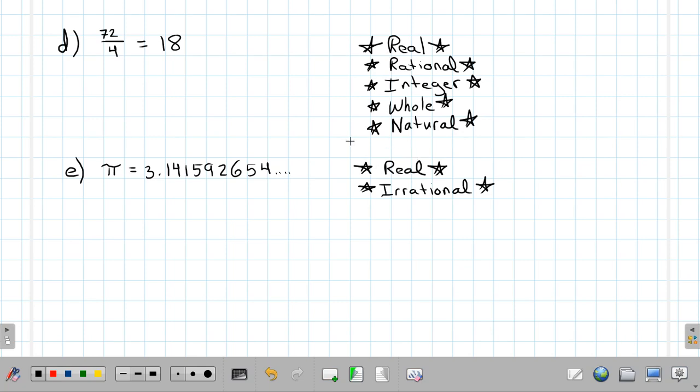Okay? Now, this is the extra example I'm going to talk about. What about the number 0? Well, once again, it is a real number. Okay? It is, in fact, a rational number because it's a number that terminates.